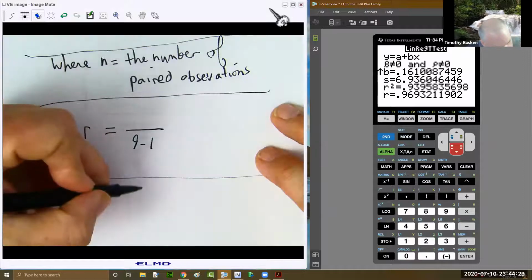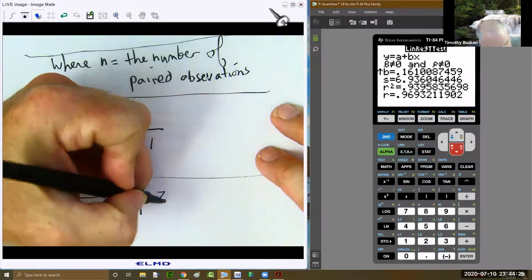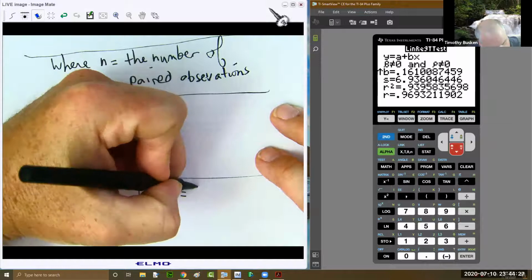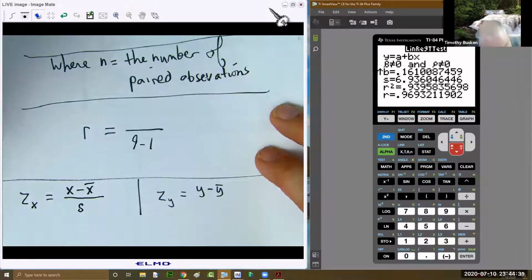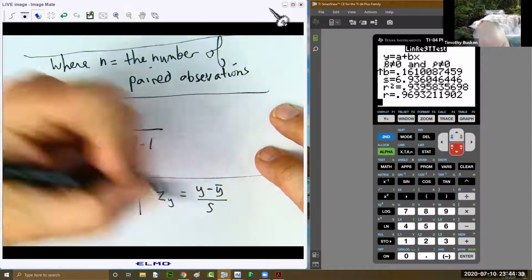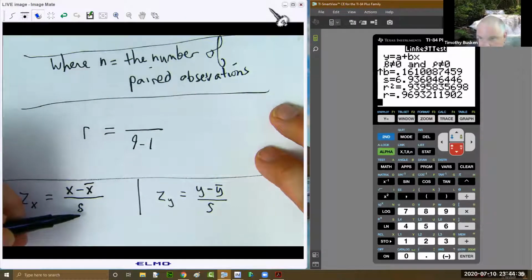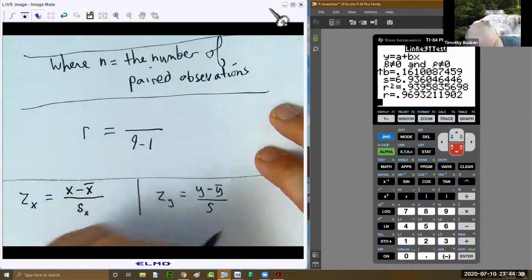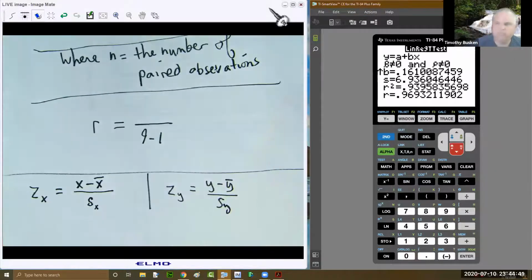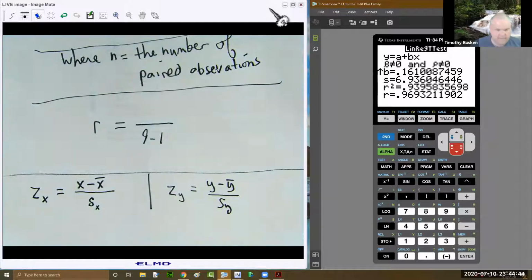And this is the formula for zy: y minus y bar, with y bar being the average, over s. Just so we don't confuse the two values of standard deviation, we're going to list them as sx and sy. Now to get that done, we might want to use a table.